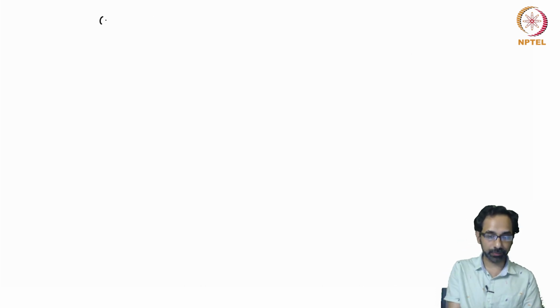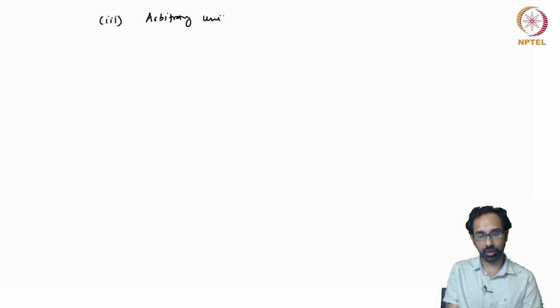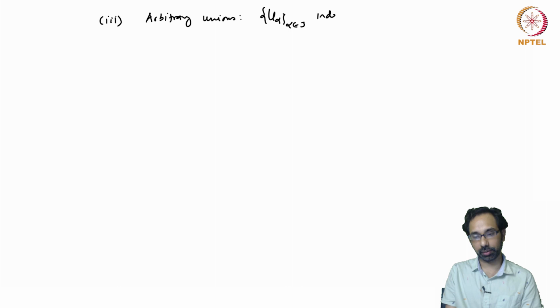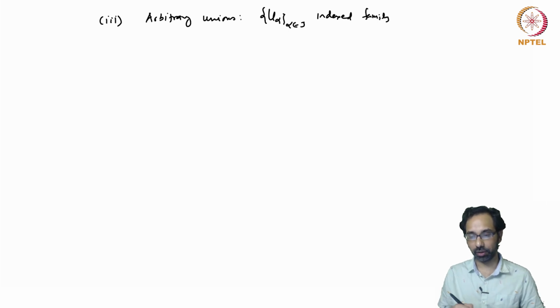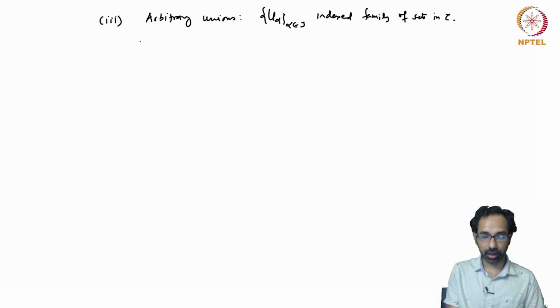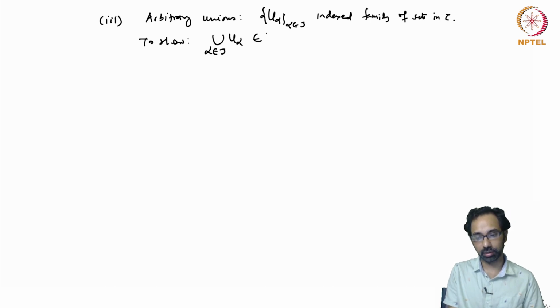Similarly, if you want to check arbitrary unions, so take U alpha, an indexed family of sets in tau, and we want to show that this arbitrary union of these U alphas belongs to tau.